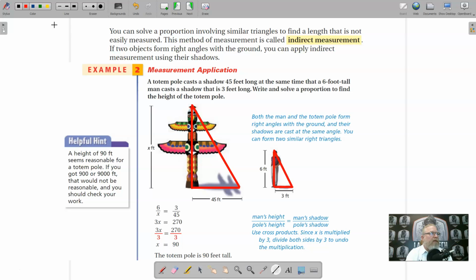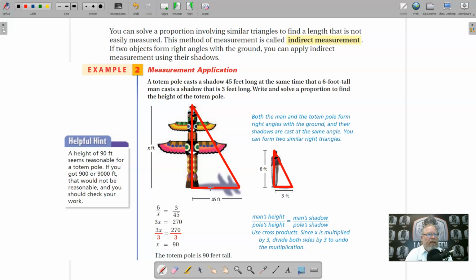This angle here and this angle here are congruent with one another. Again, congruent means the same size or the same measurement.